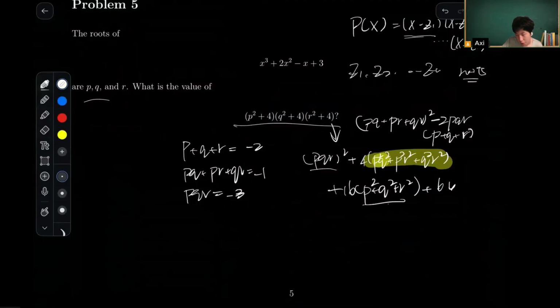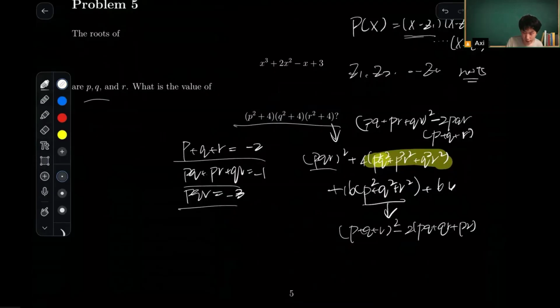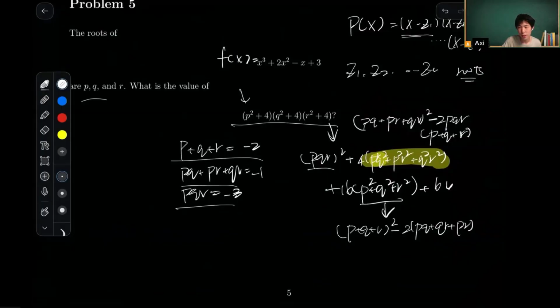And then for this thing down here, this is (p plus q plus r) squared minus 2 times (pq plus qr plus pr). And since we know all of these, we can plug them all in and calculate. We discover the answer in the end. I won't calculate the detail. Now, this original problem is from AMC12 2020 A problem 15, which I give a difficulty of 3.